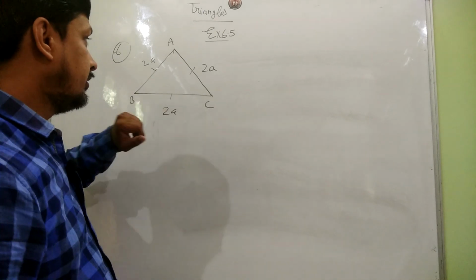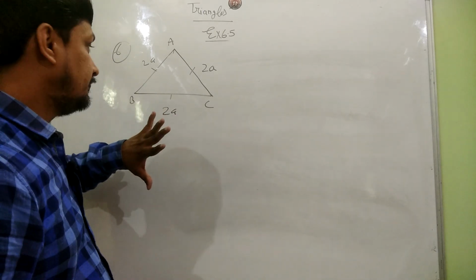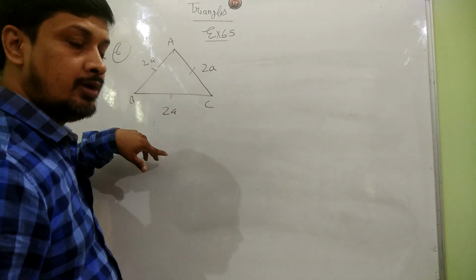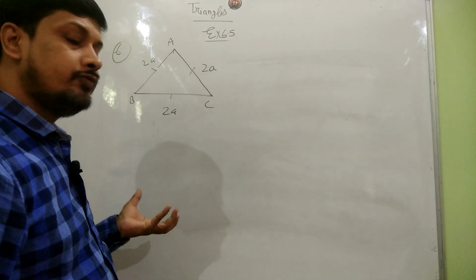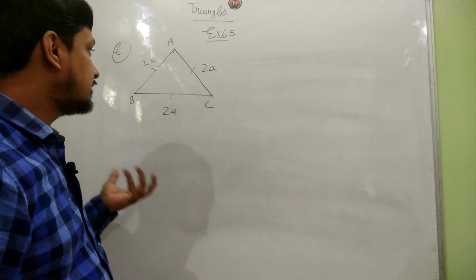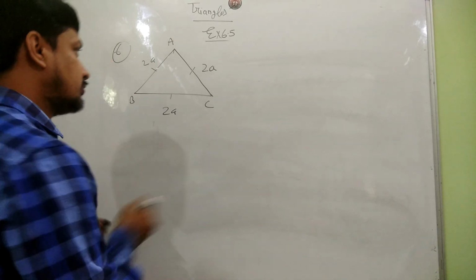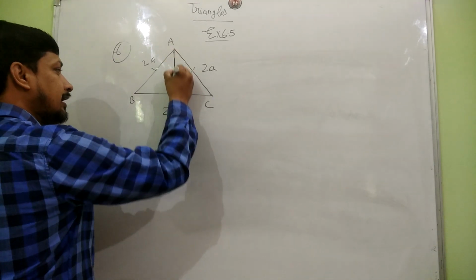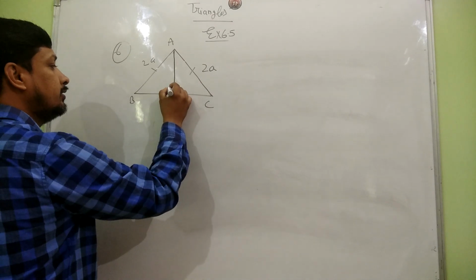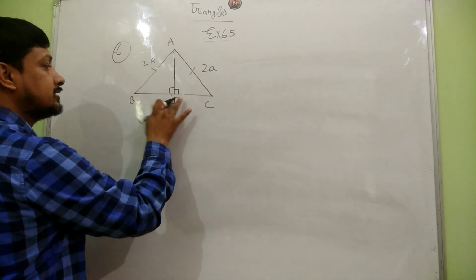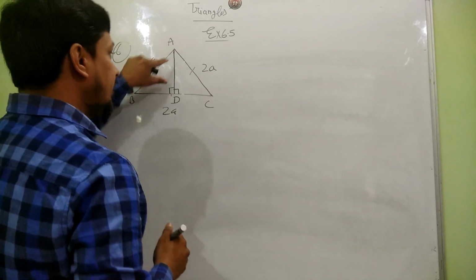So here we need the length of each altitude. Each altitude will have the same length, so we can find any one of them. Let us take this altitude, this perpendicular, this height AD. We have to find AD.